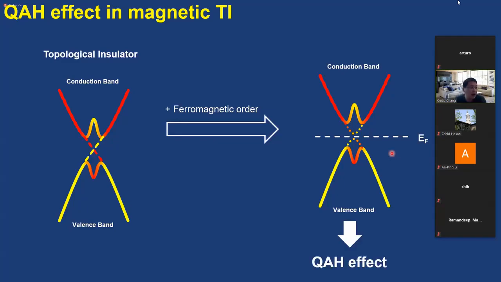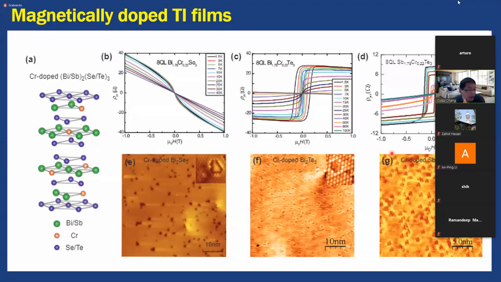In the past 15 years, most of my work was based on these magnetically doped topological insulator systems. In my PhD, I did a lot of work to explore the quantum anomalous Hall effect, and I tried most of the transition metals in the periodic table to dope the topological insulators bismuth selenide, bismuth telluride, and antimony telluride.